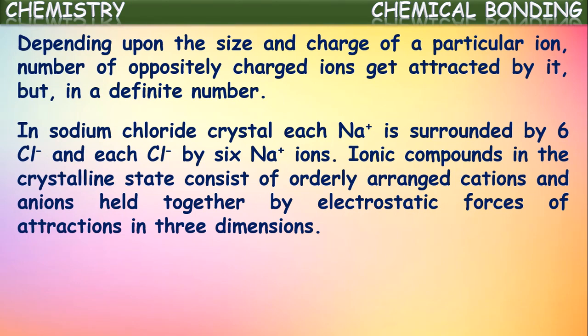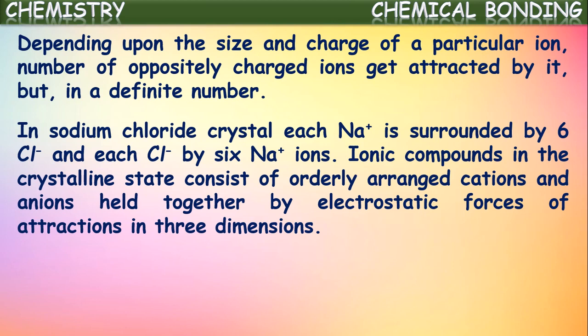Particularly, if we take the example of sodium chloride, in a sodium chloride crystal, each Na+ ion is surrounded by 6 Cl- ions, and each Cl- ion is surrounded by 6 Na+ ions.